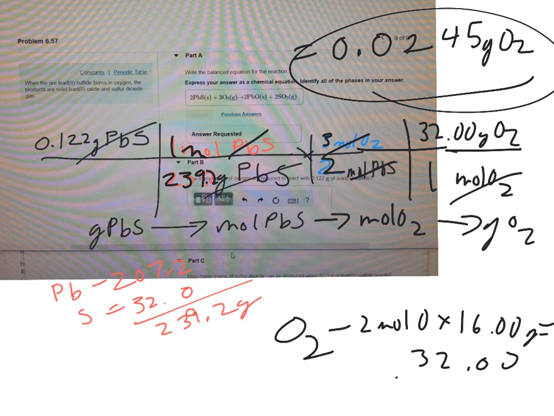So that's my grams of oxygen. And C and D are going to be worked basically the same way, except you're going to be starting with different substances. So that's that for that one.